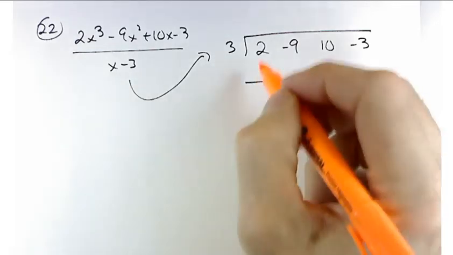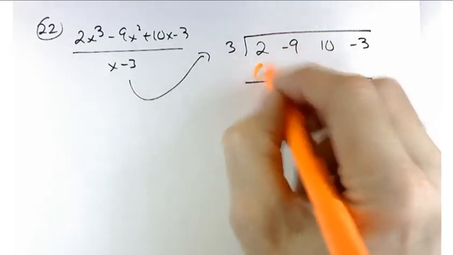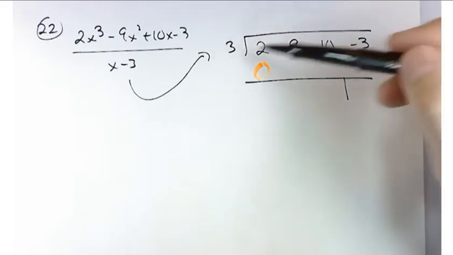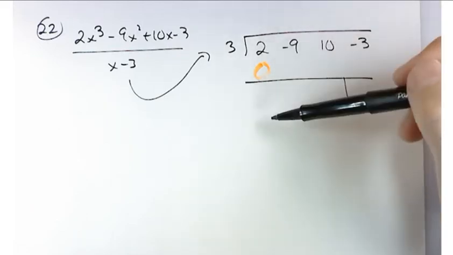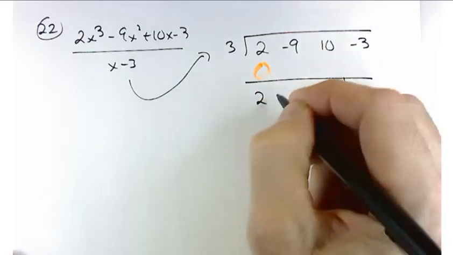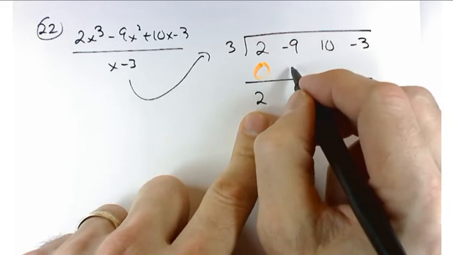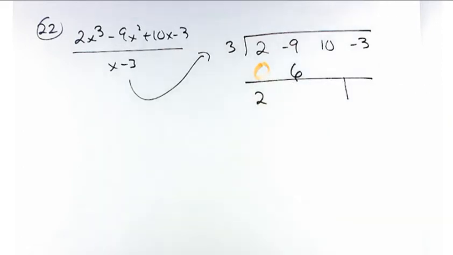Jamie, what should I put underneath the 2 here? A 0. Let's put a 0 underneath there so that we can add. When you add straight down, you get a 2. What's the next term I'm going to bring up here? 6. And you keep going. Kennedy, what's next?